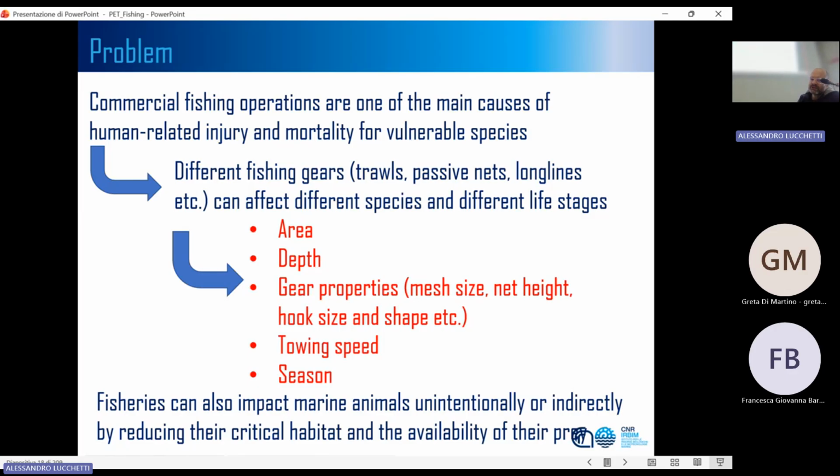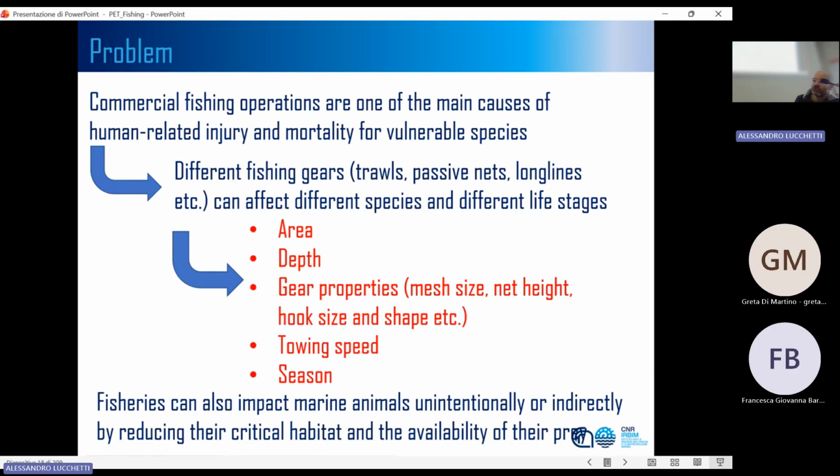So, dealing with bycatch, the bycatch is different in different fishing gears: trawl nets, passive nets, long lines, etc. It also depends on and differs among area, depth, and the gear properties. Consider, for instance, a passive net: the mesh size, the net height, the net length also.